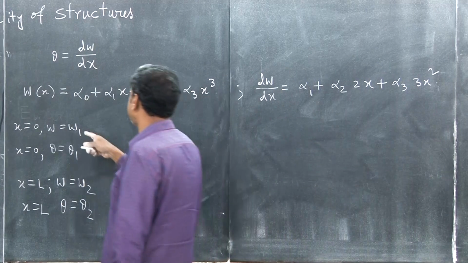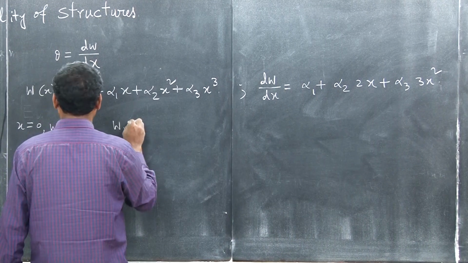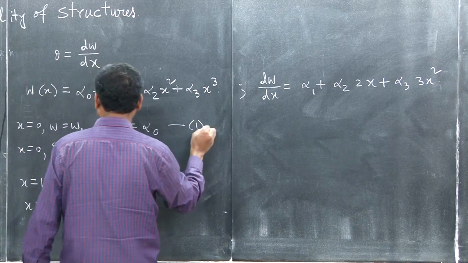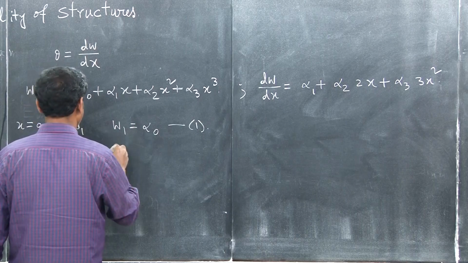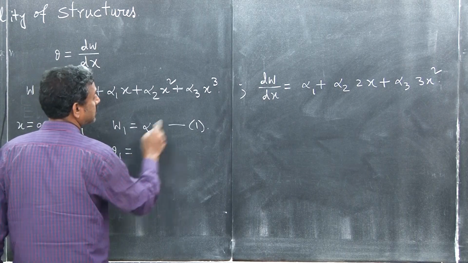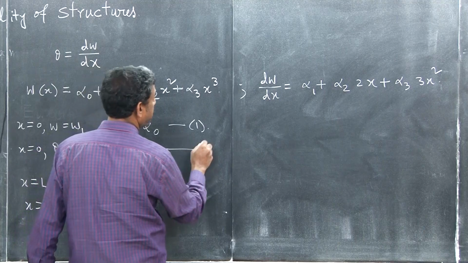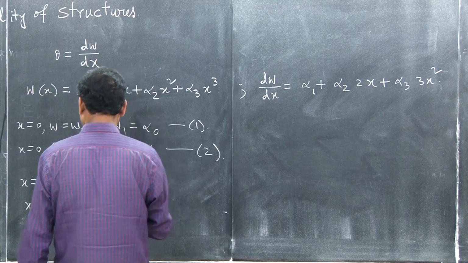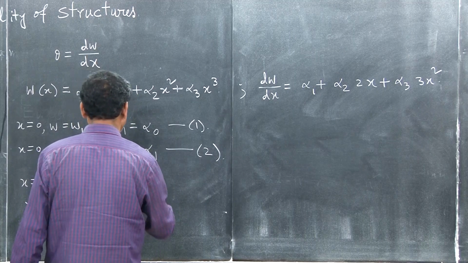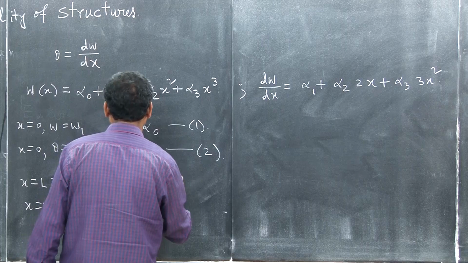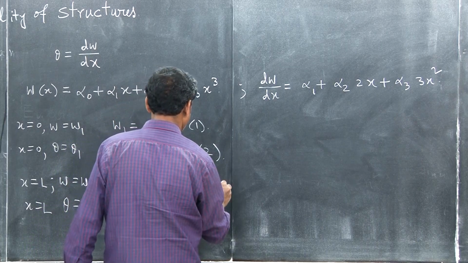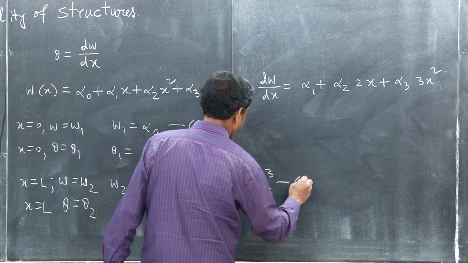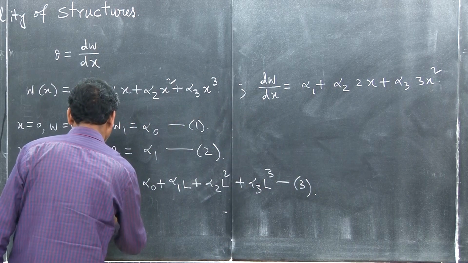So at x equal to 0, W is equal to W1, so alpha 0, this is the first equation, and theta is equal to theta 1 at x equal to 0, alpha 1, then W2, theta 2.